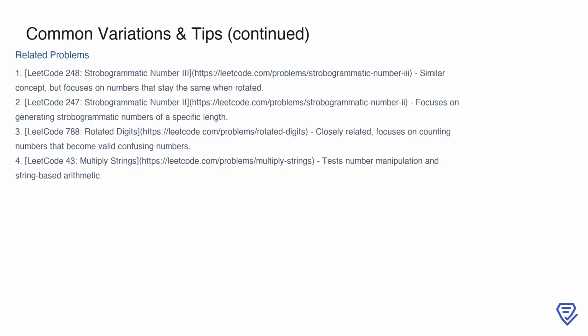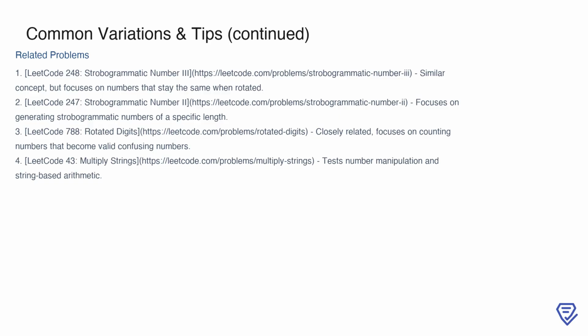For instance, LeetCode 248, strobogrammatic number 3, focuses on numbers that remain the same when rotated, offering a complementary perspective to confusing numbers. LeetCode 247, strobogrammatic number 2, narrows the focus to generating numbers of a specific length that are strobogrammatic.